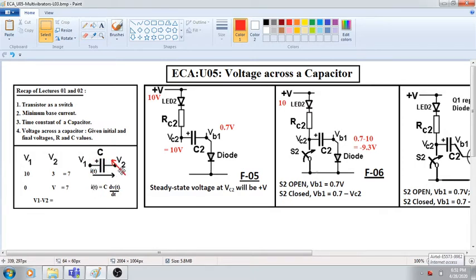Because the voltage across the capacitor cannot change instantaneously, whatever voltage was there across the capacitor before the input was 10 volts, the same voltage must be there across the capacitor even after 10 volts has become 0 volts. That means the difference must remain the same before and after the voltage became 0. Now you will be able to give me the answer. V1 was 10 earlier, V2 was 3 earlier. So what was the difference?